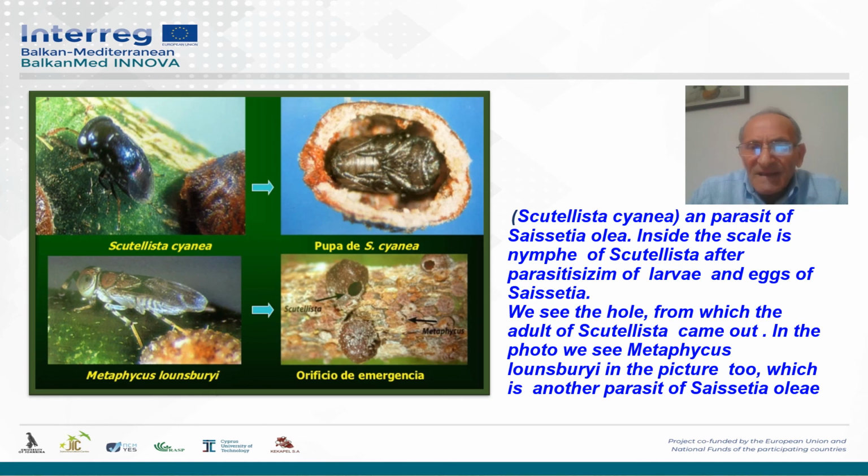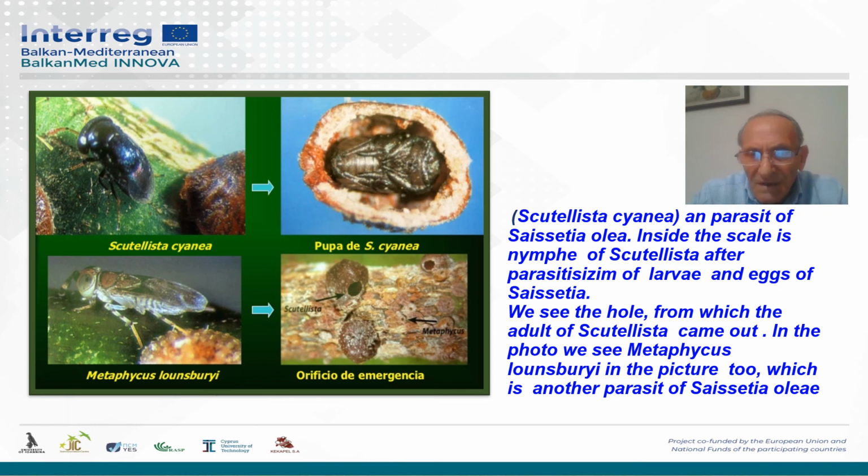Inside the scale is the nymph of Scutellista after parasitism of larvae and eggs of Saissetia. We see the hole from which the adult came out.